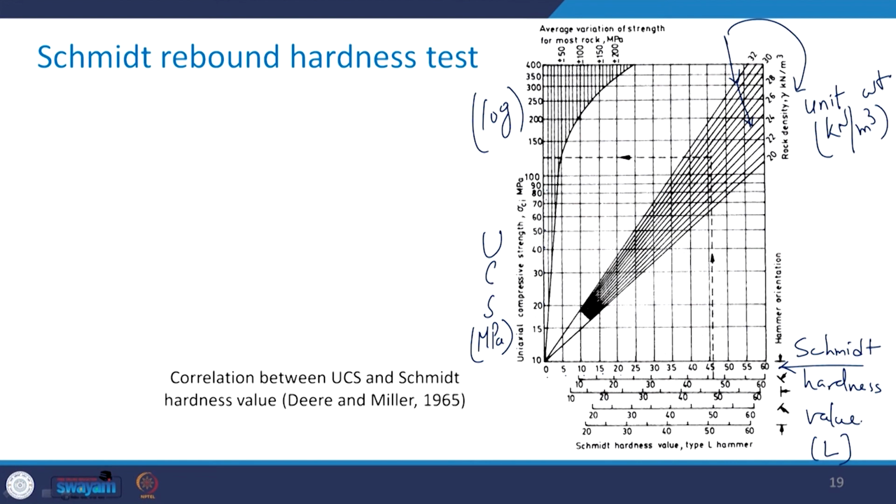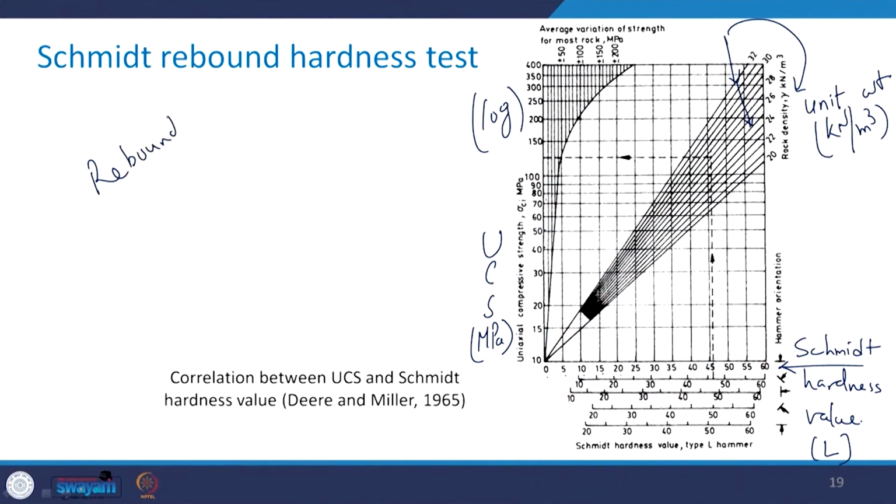Otherwise, let us say you have a cylindrical specimen, just take the weight of it, measure its dimensions, find out its volume, and you can find out the unit weight of that. Now, let us say for example how to read this chart.